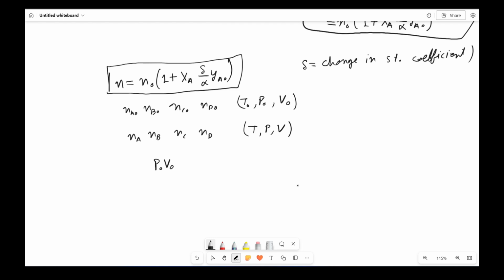P naught V naught is equal to N naught R T naught.